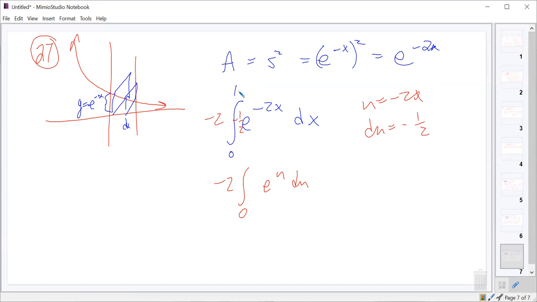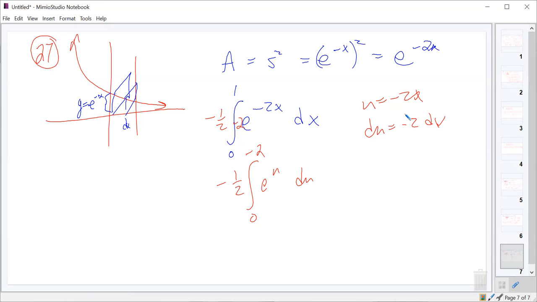But if x is 1, u is negative 2. I put the wrong number out in front at first, I was so excited about putting a negative 1/2 out front. Anyway, now we have a negative 1/2 out in front. That's much better.